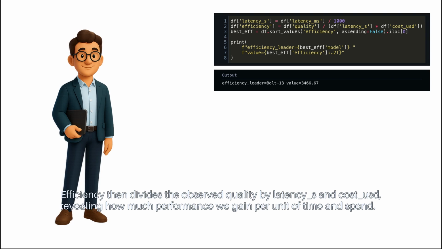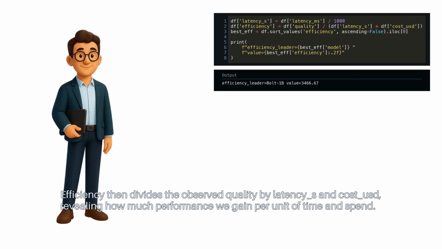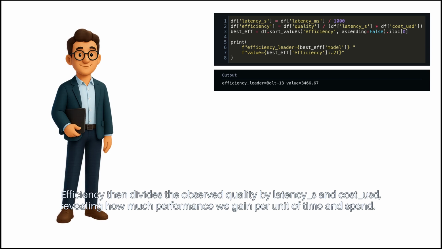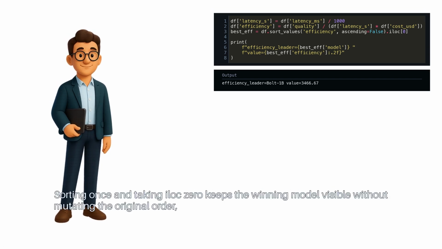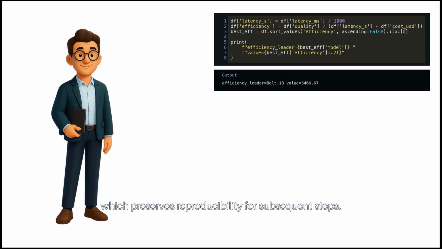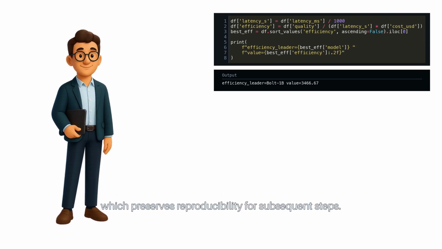Efficiency then divides the observed quality by latency_s and cost_usd, revealing how much performance we gain per unit of time and spend. Sorting once and taking iloc 0 keeps the winning model visible without mutating the original order, which preserves reproducibility for subsequent steps.